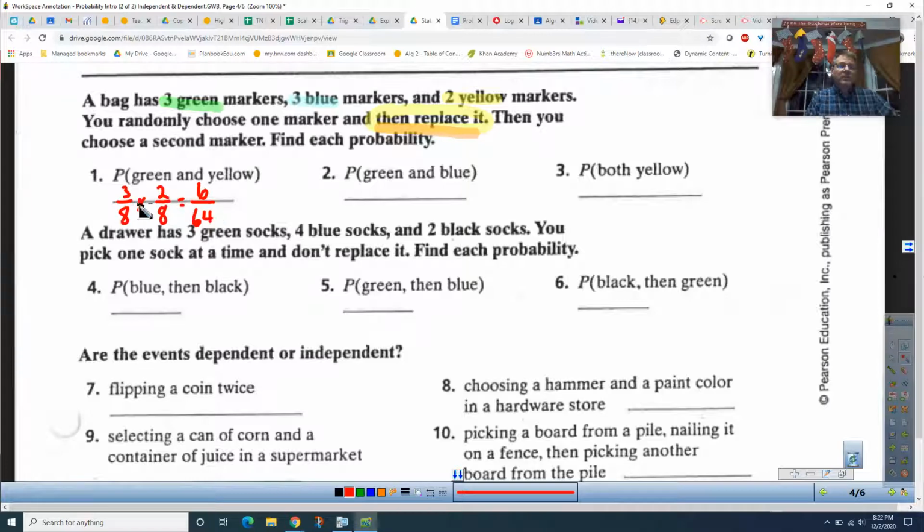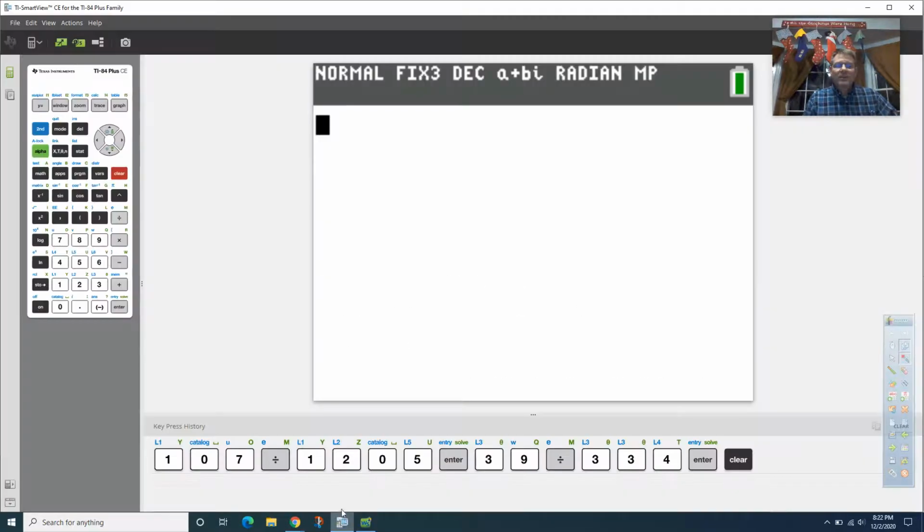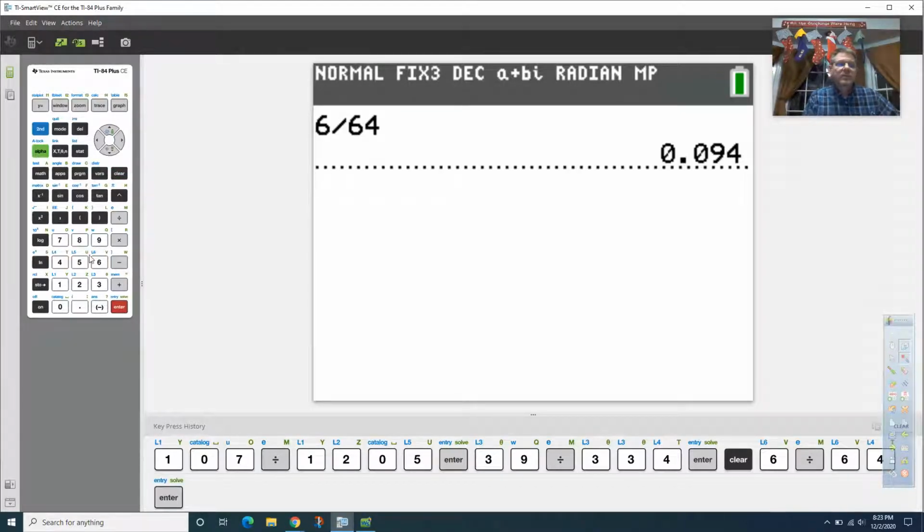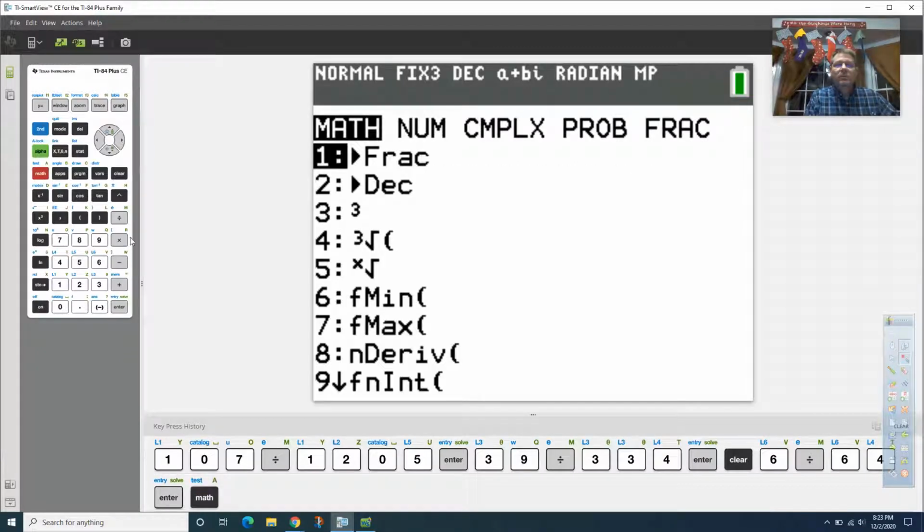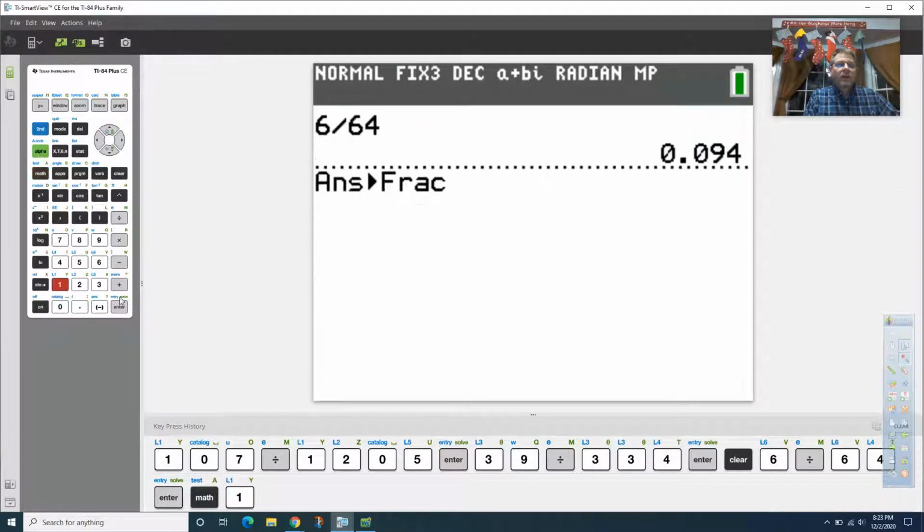You know, I probably could have done some cross multiplying and things like that to reduce this out. But, you know, I got this fancy calculator, so watch this. So it's 6 divided by 64. There's the decimal version, but check this out. Math, frac, enter, and bam, there's the reduced fraction. So, why get upset about fractions?